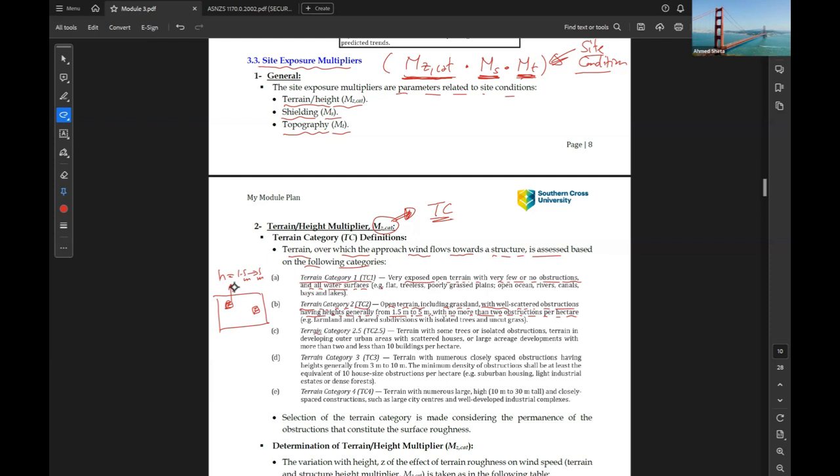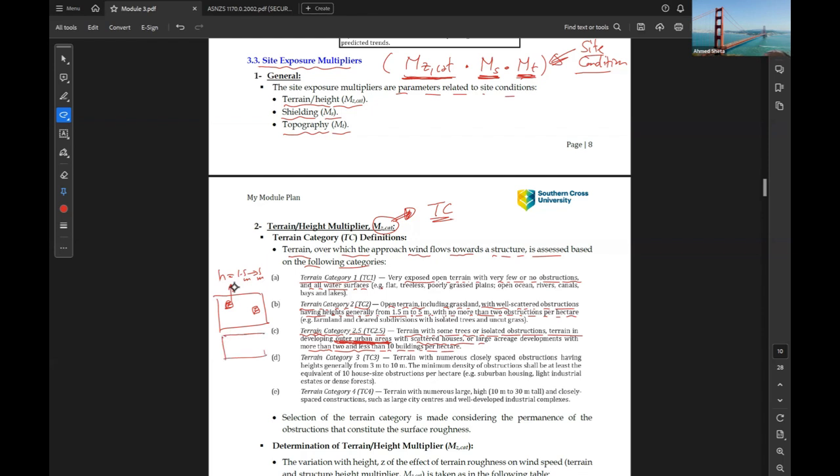Terrain category 2.5, or TC 2.5, is terrain with some trees and isolated obstructions, such as outer urban areas, with a few scattered houses, more than 2 and less than 10 buildings per hectare.